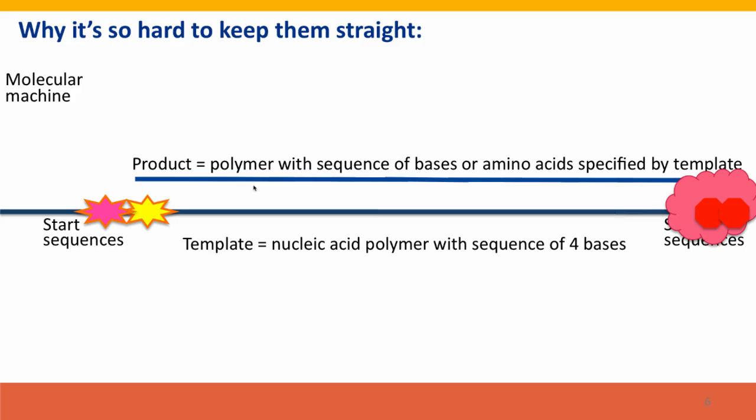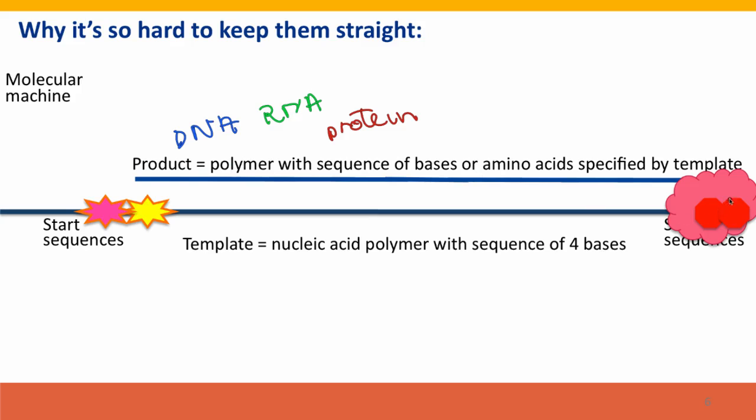So the product, if this is DNA replication, the product is DNA. If it's transcription, the product is RNA. If it's translation, the product is a protein. But in each case, it's a polymer, and its sequence was determined by the sequence of the template.